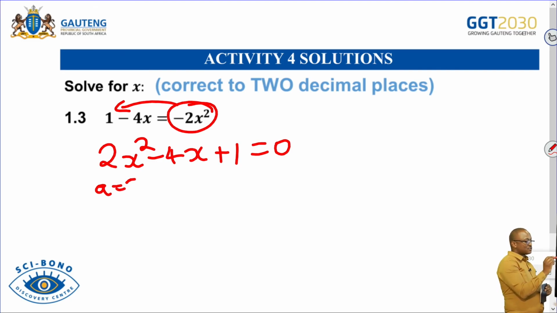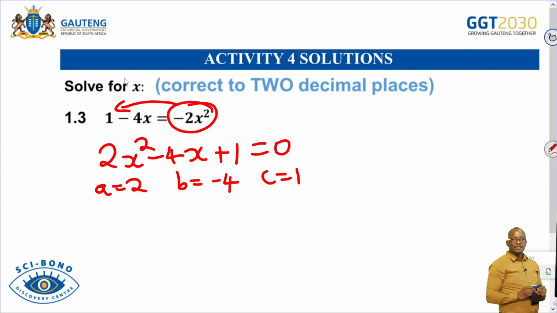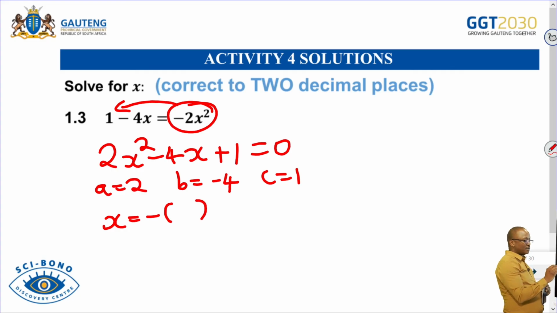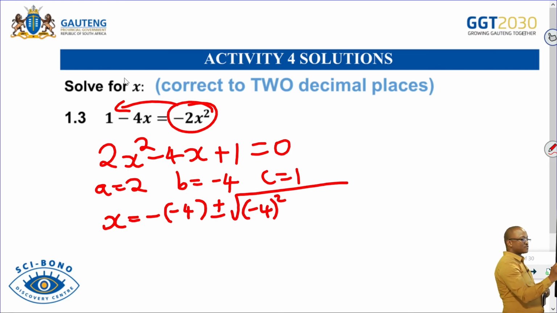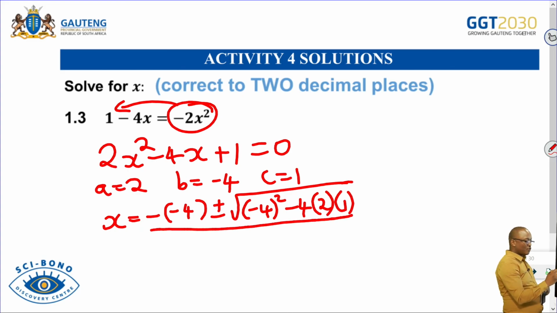Then we're going to have a as 2, b as minus 4, and c as 1. Correct? Then we're going to have our quadratic formula, which is negative negative 4 plus or minus the square root of negative 4 squared minus 4 times 2 and 1 as c, all over 2 times 2.